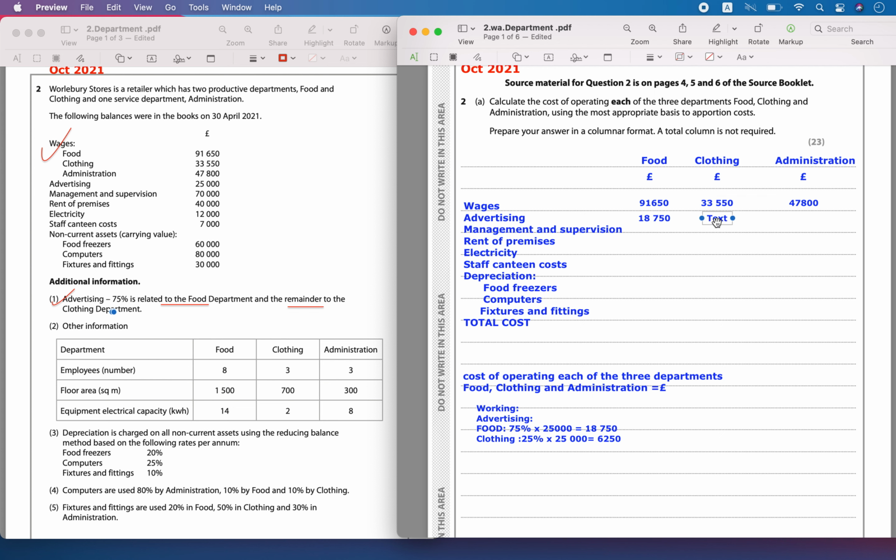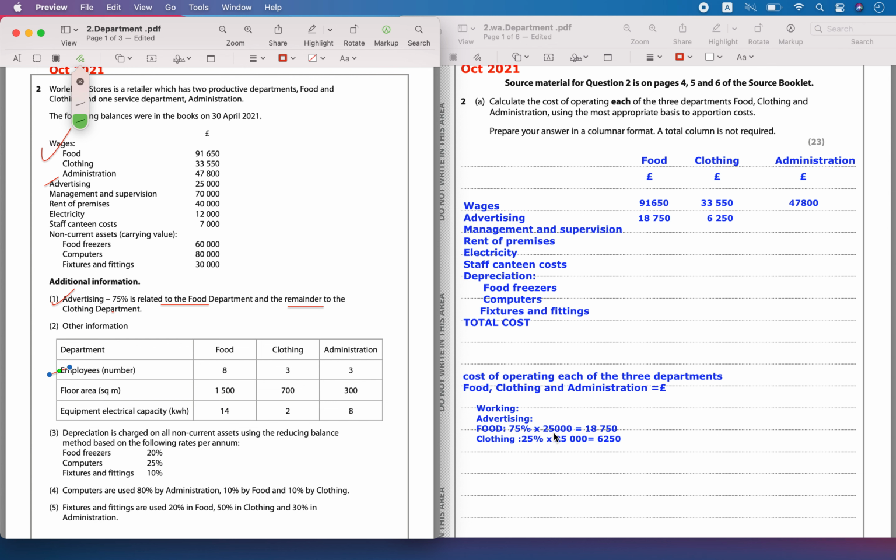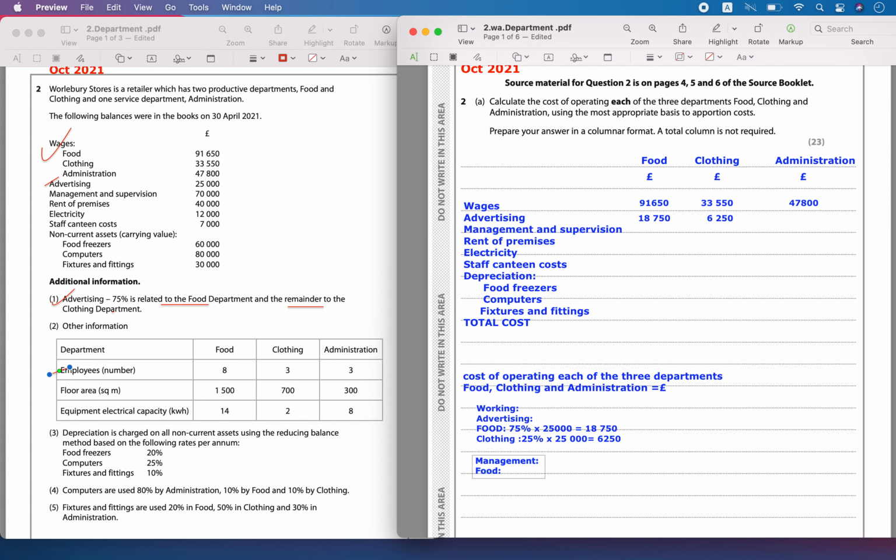Then you have management and supervision at 70,000. Management and supervision is apportioned on the basis of the number of employees in the company. For the food department, the total number of employees is 8 plus 3 is 11, plus 3 is 14.